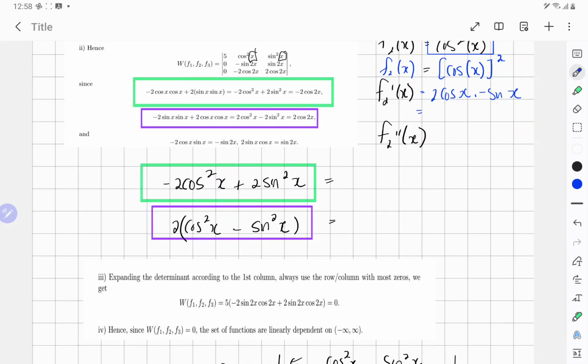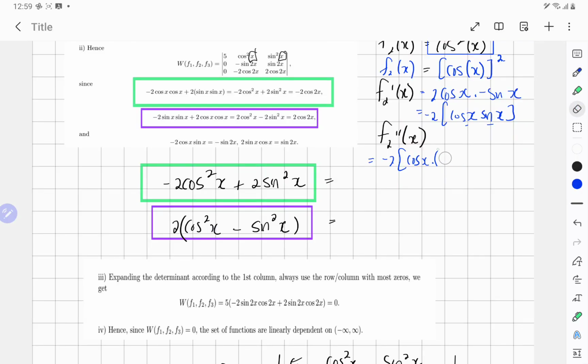So what I can do here, I can take the constant out. I have cos x sine x. So the second derivative, I hope you all know the product rule. I will keep cos as it is.